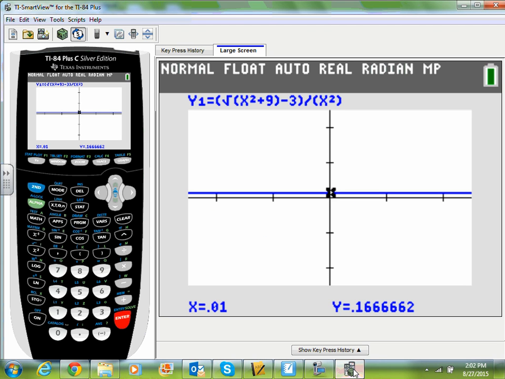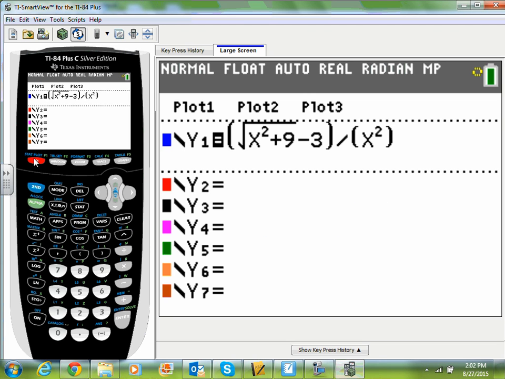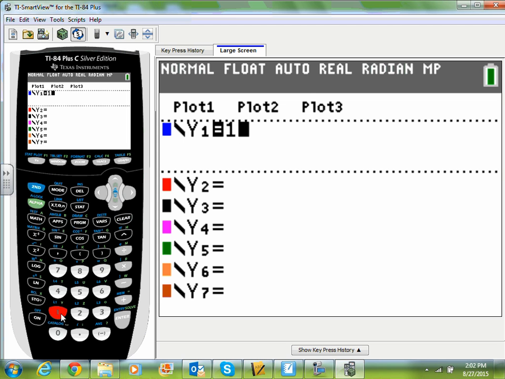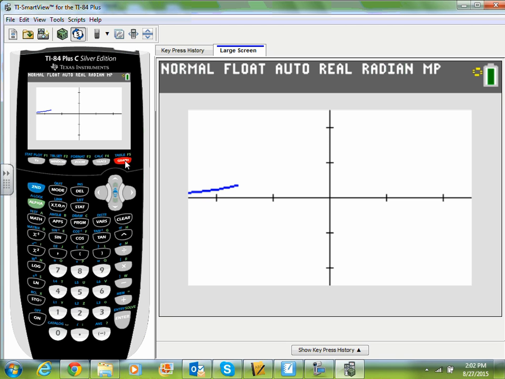So if I graph 1 over x squared, then I get this very weird graph. And so if I go to where x is equal to 0, what do I notice about my y value at that point?